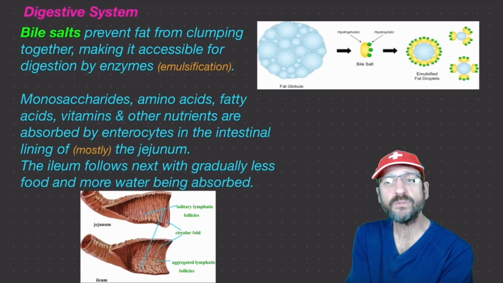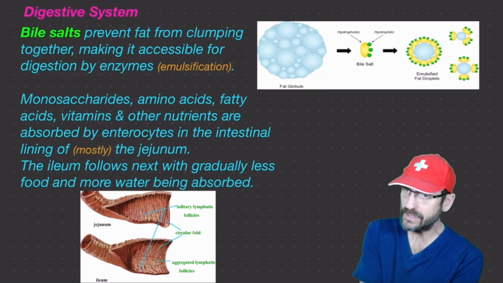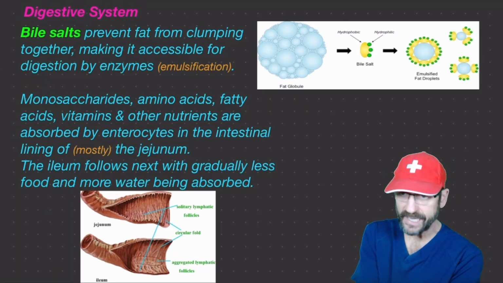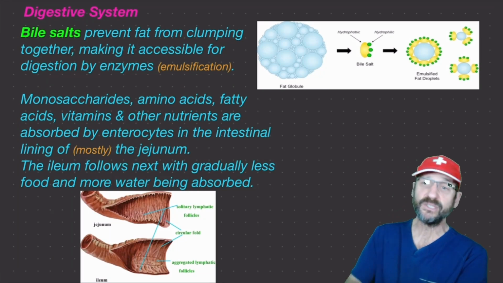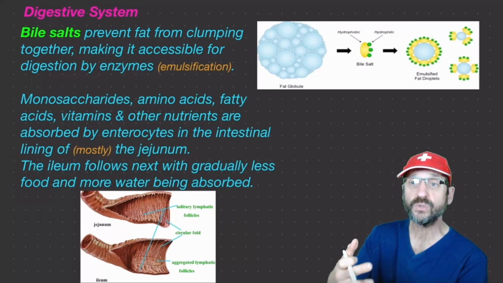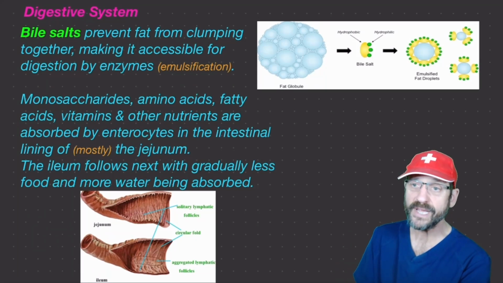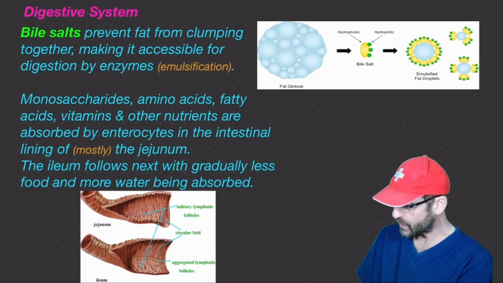Bile salts prevent fat from clumping together, making it accessible for digestion by enzymes. And we call that emulsification. You can visualize that when you have a salad dressing and you see the vinegar on one side and the oil on the other side. The oil likes to clump together in a watery environment, and that makes it inaccessible for enzymes to work on it.